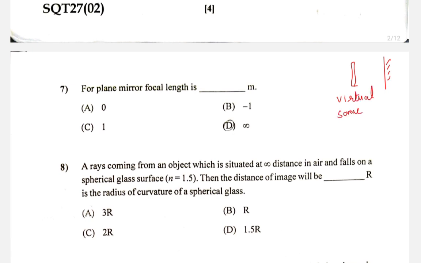So for that the rays must be coming from infinity and the focal length will be at infinity. This question can also be twisted to ask the power of a plane mirror. Then it will be 1 upon f, so 1 upon infinity, which is 0. But here we are asked the focal length, so the answer will be directly infinity.